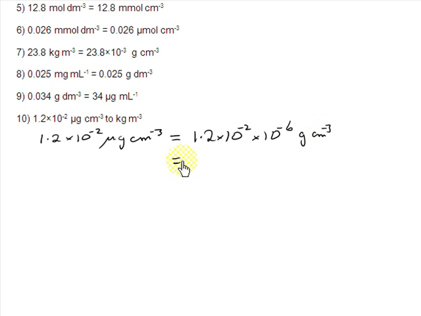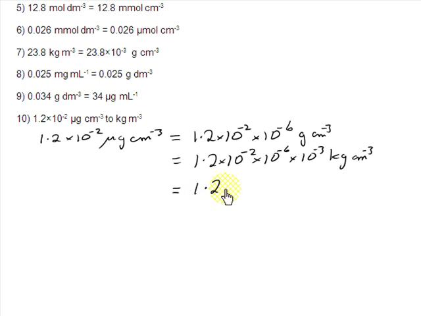And then we can convert the grams into kilograms, because we know that 1 gram is 10 to the -3 kilograms, and we can collect together the powers of 10 just to simplify the expression. So this would be 1.2 times 10 to the -2 -6 -3 will be 10 to the -11 kilograms per centimeter cubed.